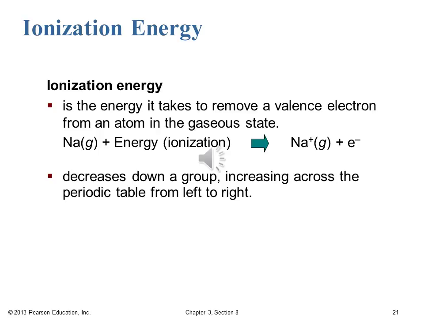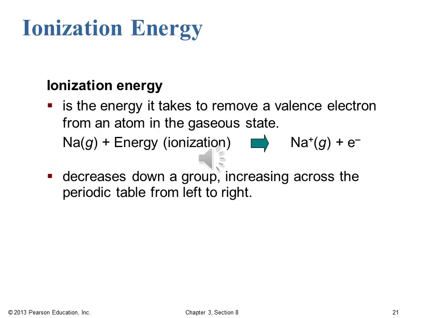If an electron is further from the nucleus, it should be easier to remove. So in the case of the largest atoms, which tend to be down and to the left, it should take relatively less energy as you move down a group and relatively more energy as you move left to right.